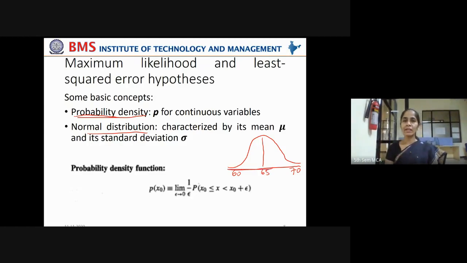Now, do you say that all of the people have this midpoint of 65? No. Some of them may expire at 60 years of age, some of them at 70 years of age. So, most of the population falls in this range, average 65.